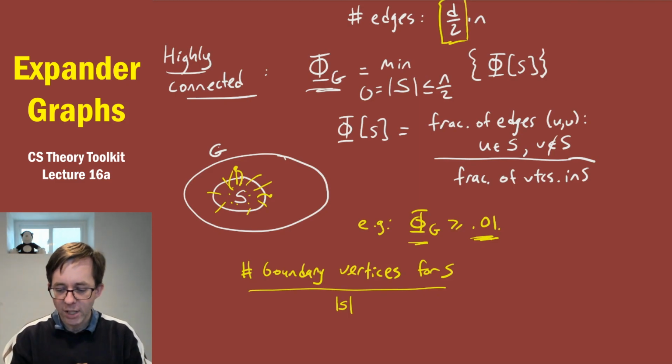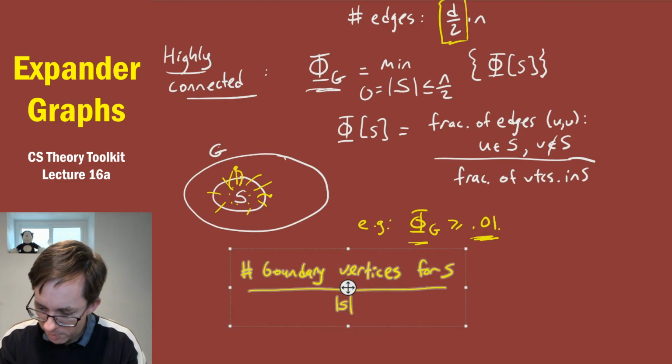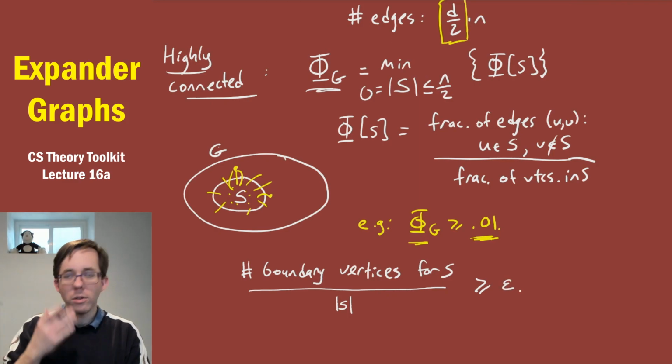So the number of edges touching each vertex is at most a constant, so it can change these ratios by at most d. So hoping that this quantity, the fraction of vertices, is at least some absolute constant epsilon, is another reasonable way to define expansion.